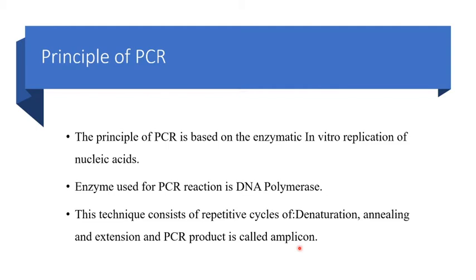This is the basic principle of PCR technique, which involves 3 repetitive cycles: denaturation, annealing and extension for about 30 to 35 cycles, in which the DNA will be amplified within a short period.